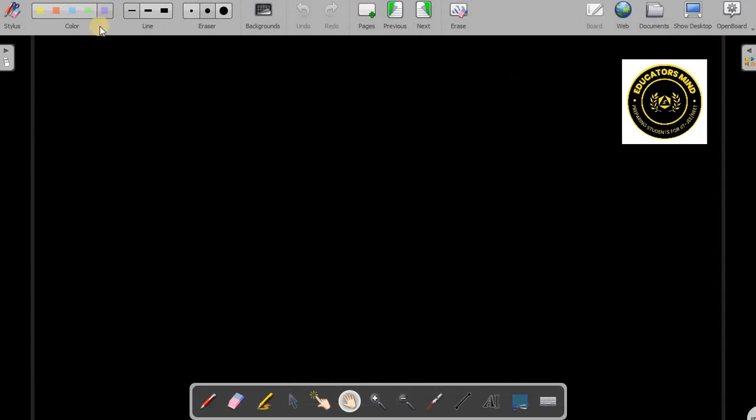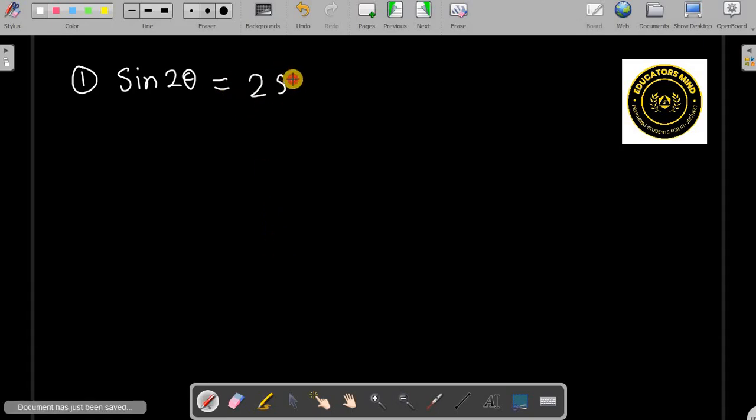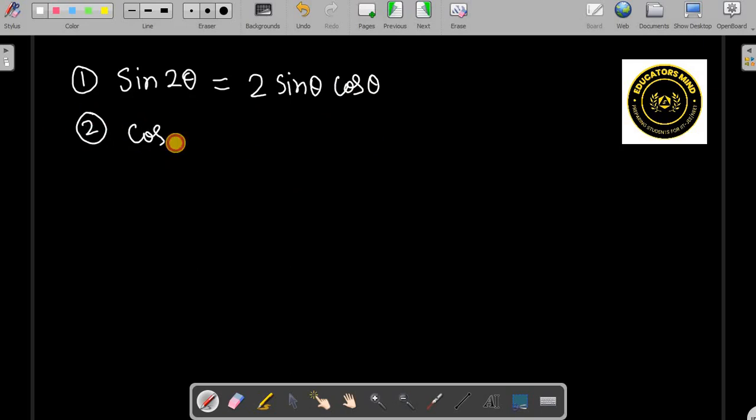Let us take, for example, sine 2 theta. This is going to be very useful. Sine 2 theta is nothing but sine of theta plus theta, so you can apply the sin A plus B formula. This becomes 2 sin theta cos theta. Then what will be cos 2 theta?